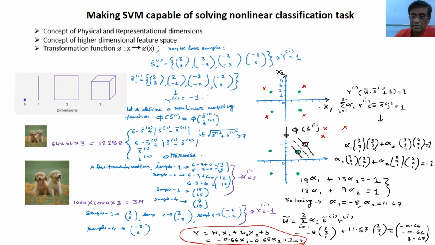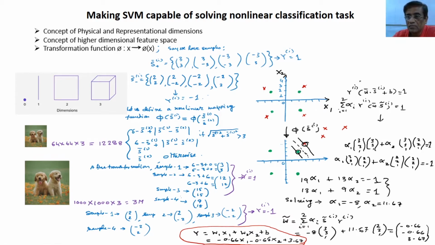Don't confuse, we earlier talked about S i; they are the same. Sample, feature. So these are the samples in the 2-dimensional feature space.